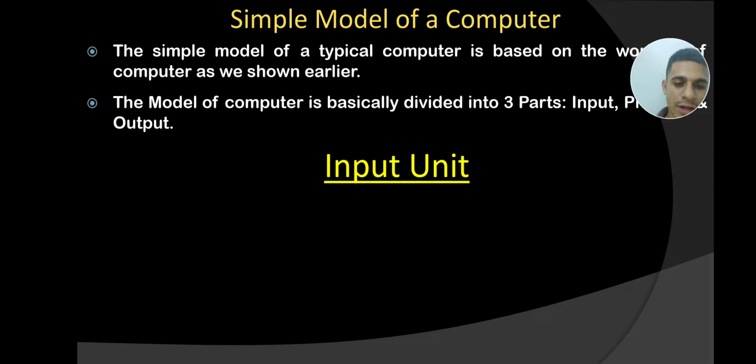In input, which kind of devices there are and what their use is, you are familiar, but this is just a quick revision of what you learned in previous standards. Based on that you can get a clearer idea about this unit.